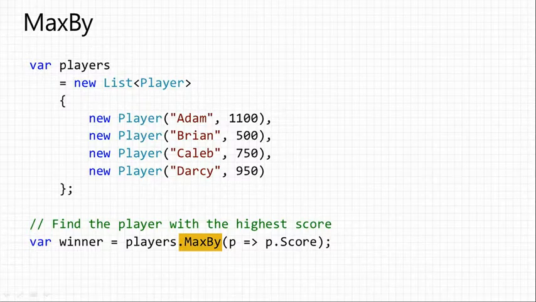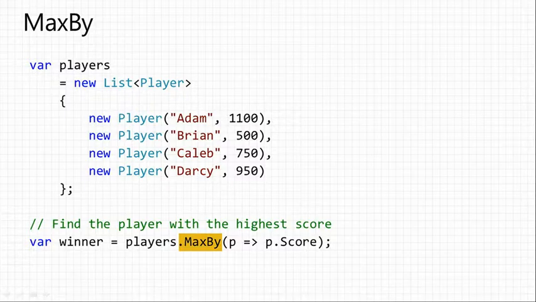So the standard LINQ framework includes the max operator, which finds the highest value and gives you the highest value. So if you had a list of players, it would go through and tell you the player with the highest score scored 1,000 or 1,100. But it doesn't tell you who that player was.